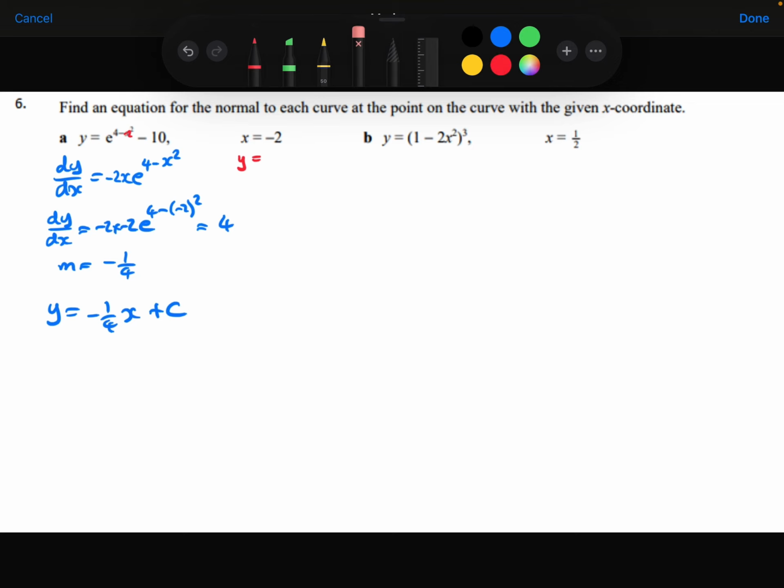If I do that, the minus 2 squared will be 4. So then I'm going to have 4 minus 4, which is 0. And then the e to the power 0 is 1. Take away the 10 is minus 9. So when x is minus 2, y is minus 9.